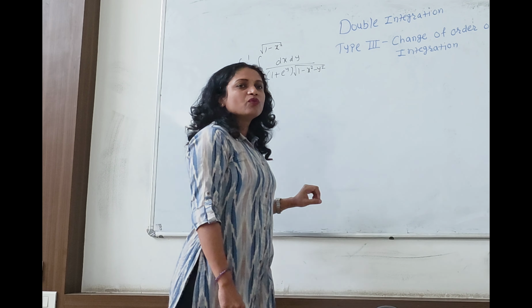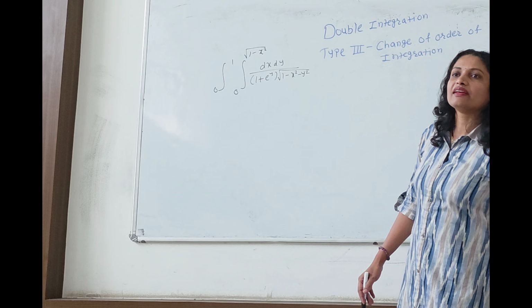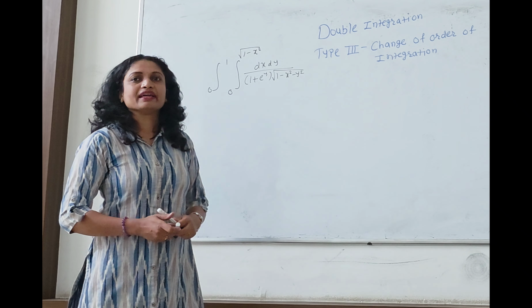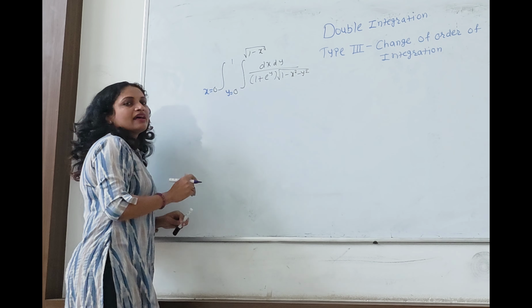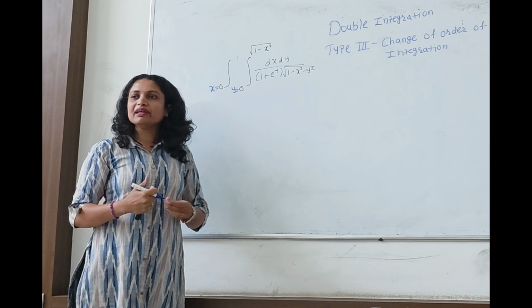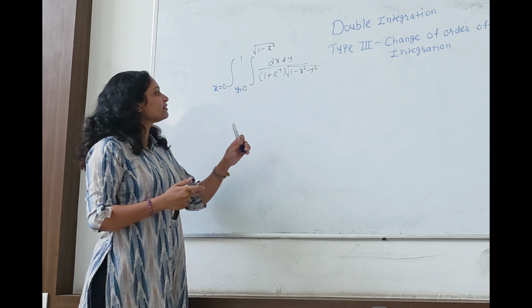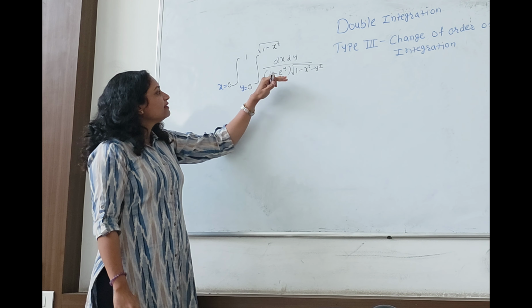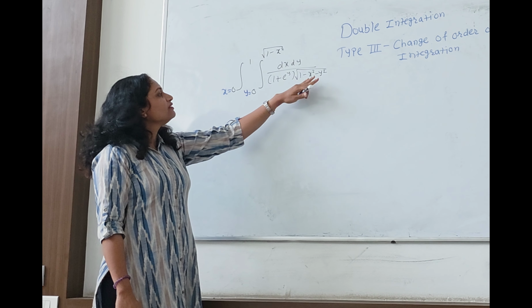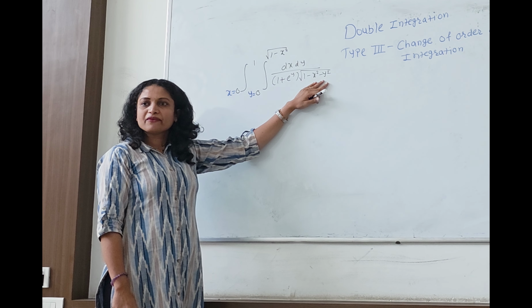By rule, what will be the first integration here, with respect to x or y? This is the limit for y and this one is for x. As y is having variable limits, by rule you should integrate firstly with respect to y. But if you observe the integral, this term is in terms of y, this is also in terms of y, right?